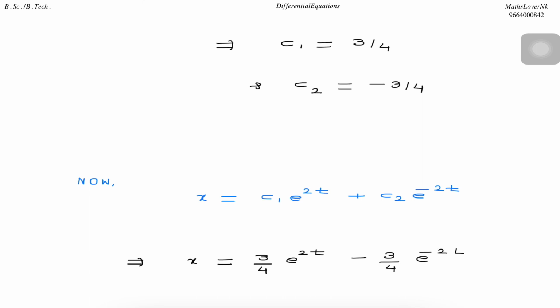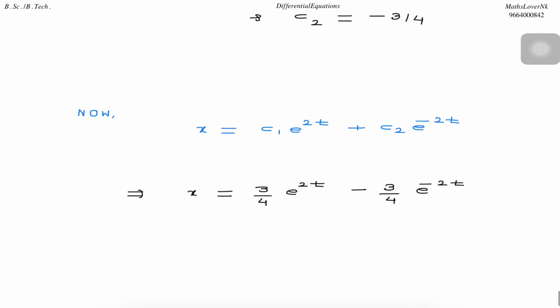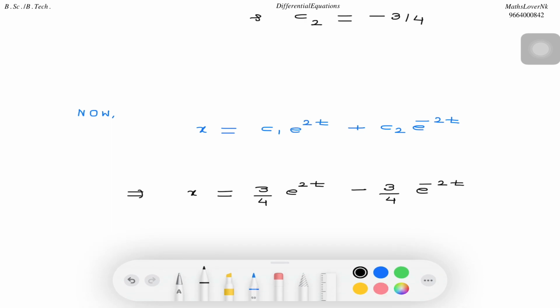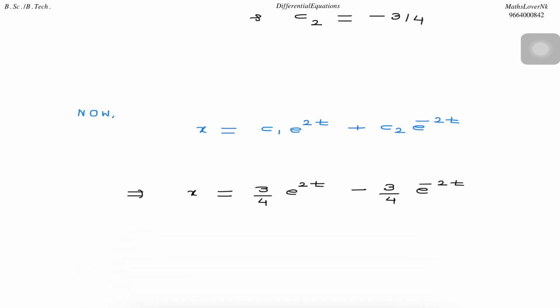Take the common 3 upon 4 and find out the value. x is equal to 3 upon 4 as a common, it becomes e the power 2t minus e the power minus 2t.